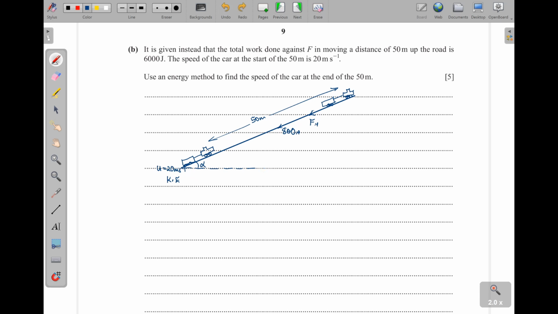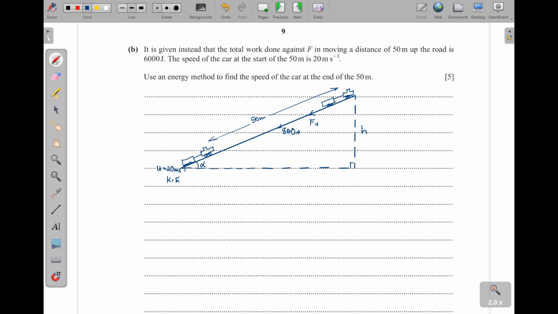Now, by the time they reach here, when they have traveled 50 meters, this simply implies that there is a vertical height that has been generated, this one here that I'm putting. So we need to know the h here.